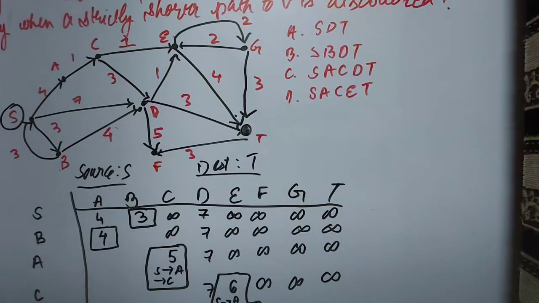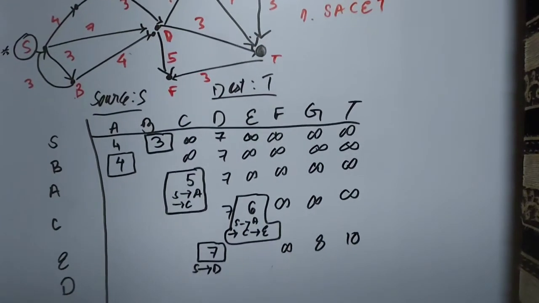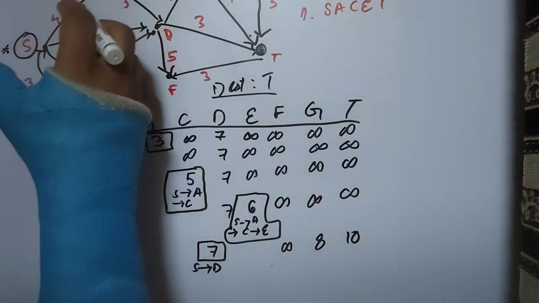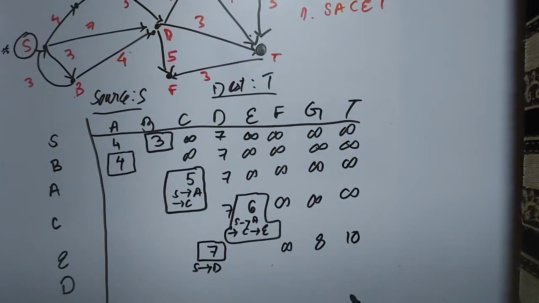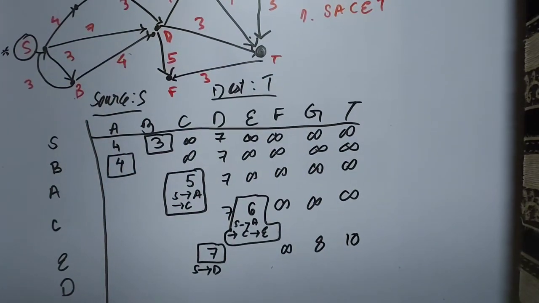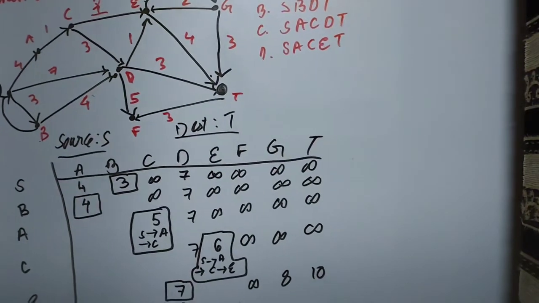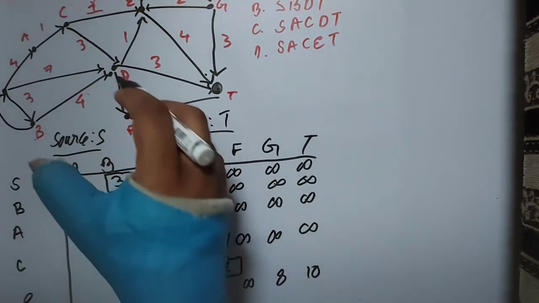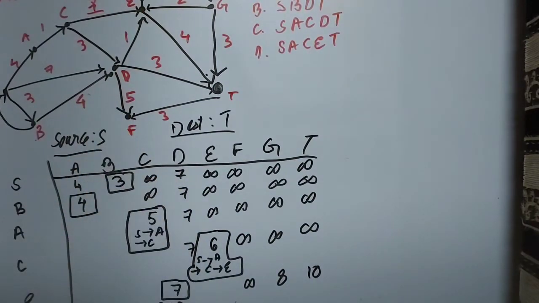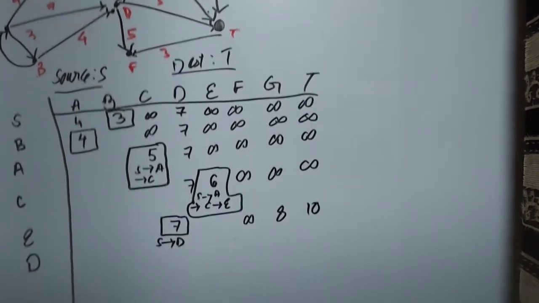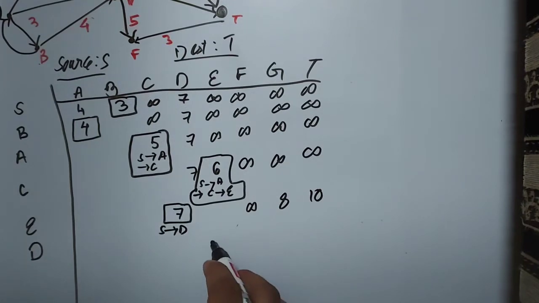But it's already updated that we could reach S to A to C to E and then to T in 10, so we will not update this value. Now from D we could reach F, and its value is 7 plus 5, 12, so we will update this value in our table, which is 12.